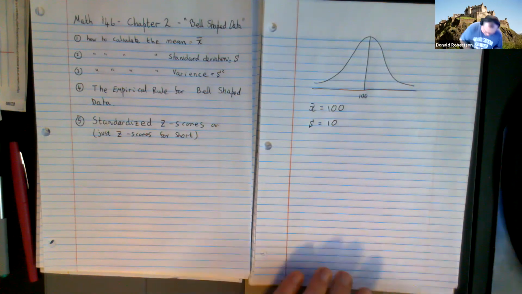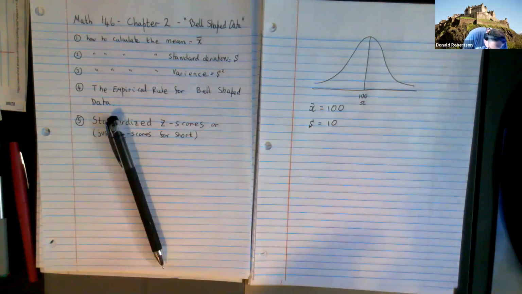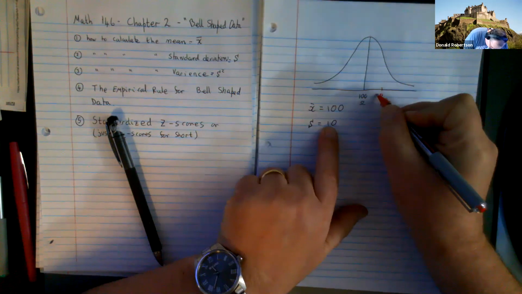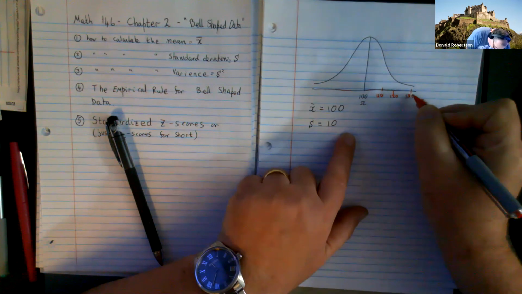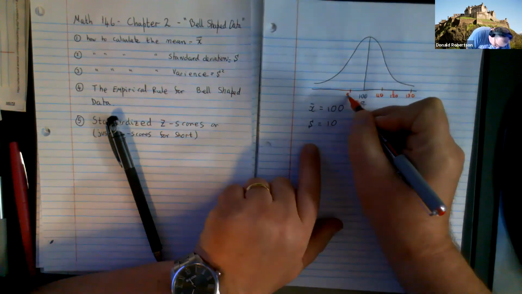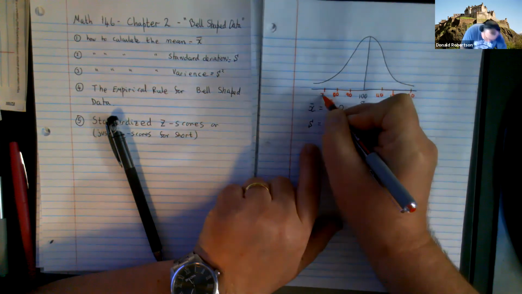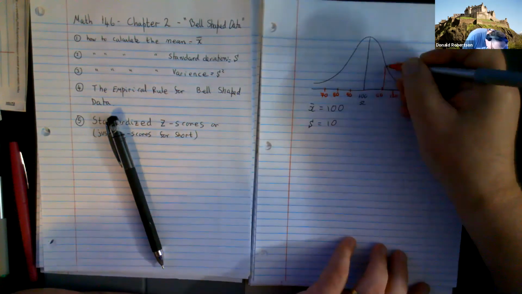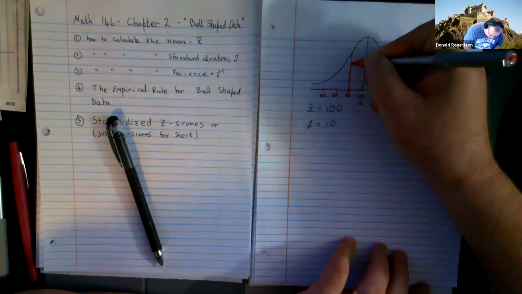It says the mean is here. It then says, if you go 1 standard deviation, and then you go 2, and then finally you go 3, and then if you go 1 standard deviation less, that's 90, 1 standard deviation less again, and 1 standard deviation less again, you will create the following rule.